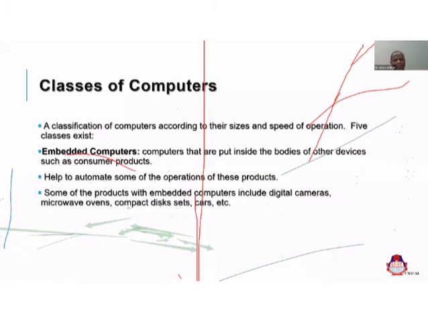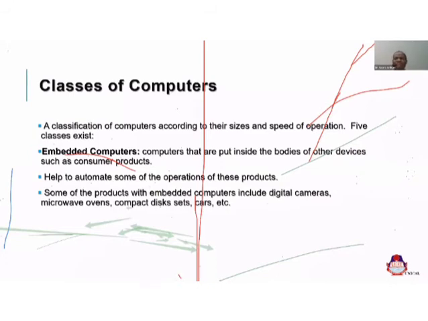Let's look at the embedded computers. These are computers that are hosted inside the bodies of other consumer products. For example, your microwave oven, your modern television, they all have embedded computers. And that is why these devices are able to operate with some level of automation.